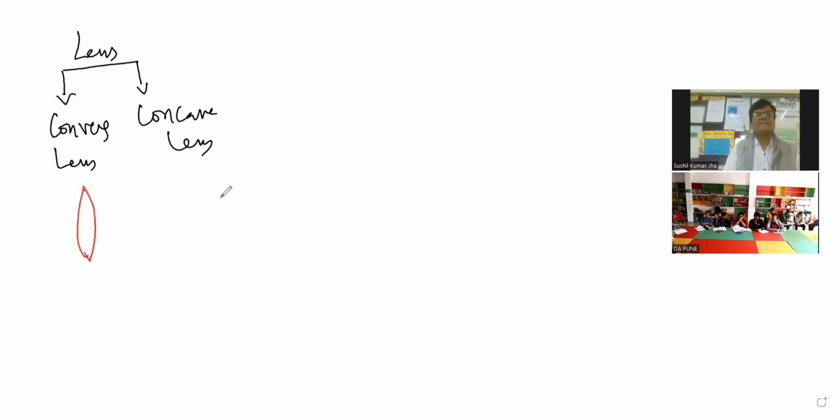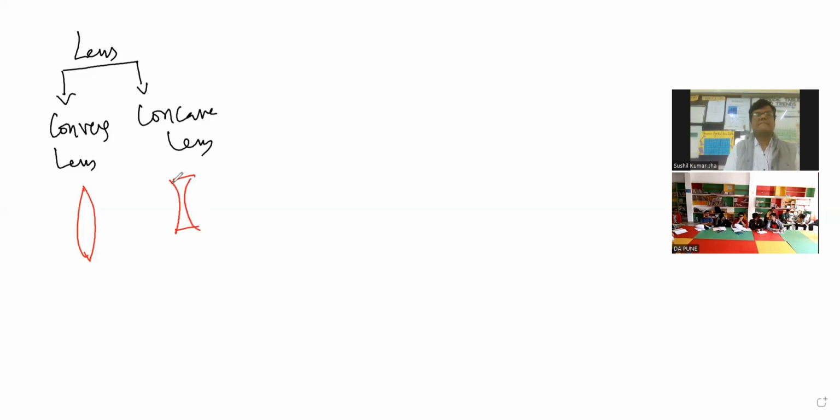A lens is basically a transparent medium having at least one surface which is curved. If you draw a diagram for convex, it is like this, and concave is like this.